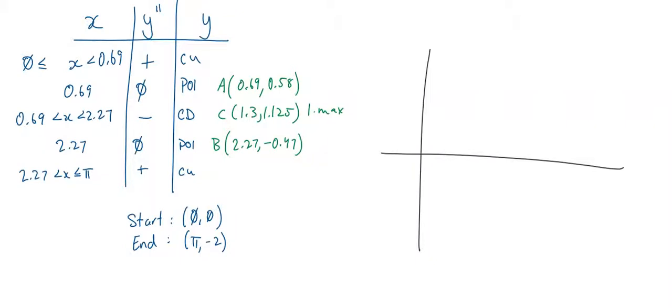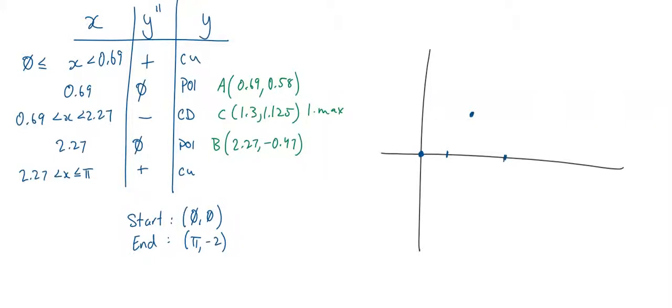So I start at 0, 0. I have a point of inflection that comes first. That's point A at 0.69 and not very high. And then I have a max that's somewhere up here. And so if that's at 1.3, this is going to be around 2.